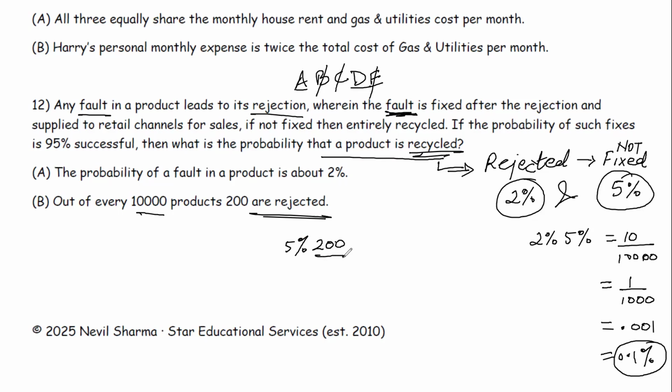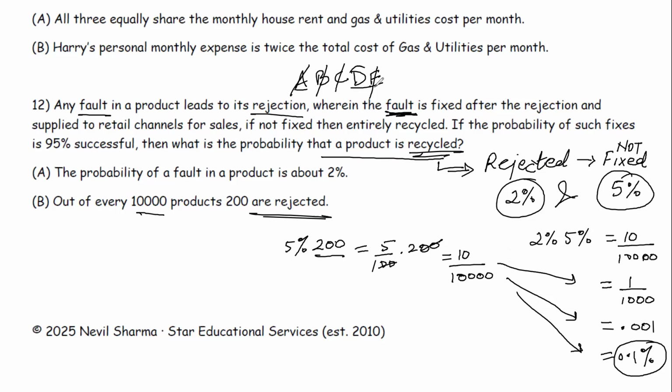So what percent is not fixed? 5%, because that is the unsuccessful part. So 5% of 200 is 5 upon 100 times 200. That is 10. And 10 out of a total of 1,000, which again brings you back to this and then this and then this. So you end up getting the same answer. So each alone gives you the answer. Therefore, D is the answer.